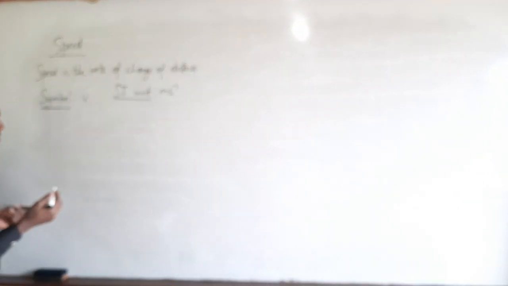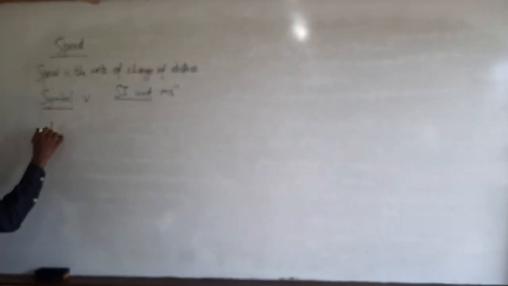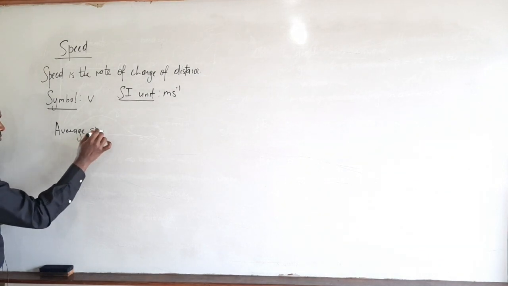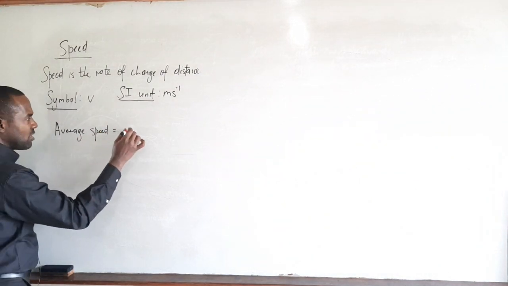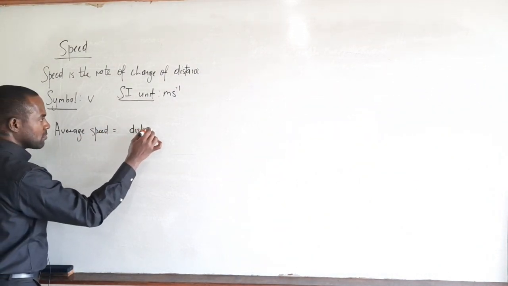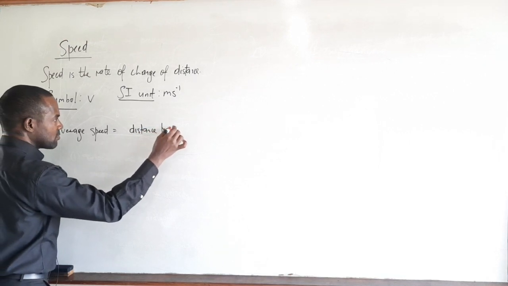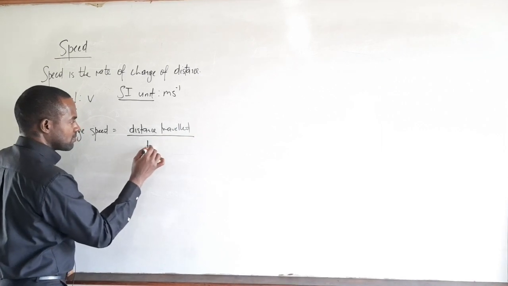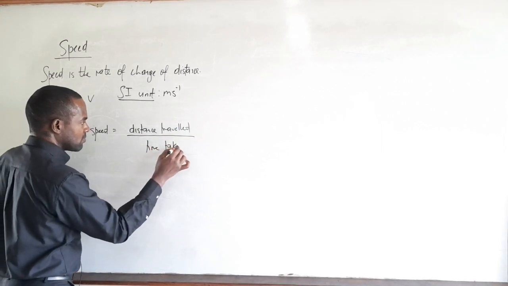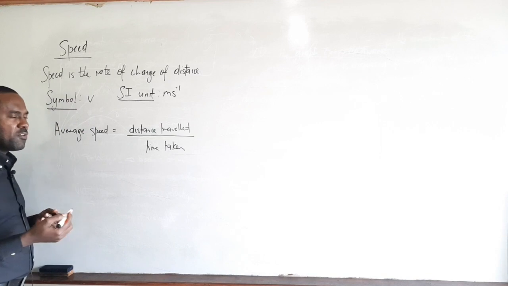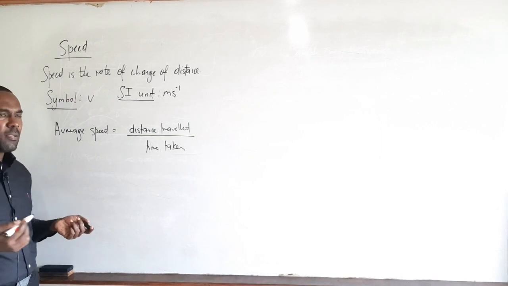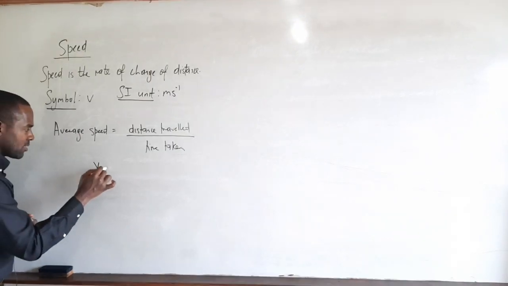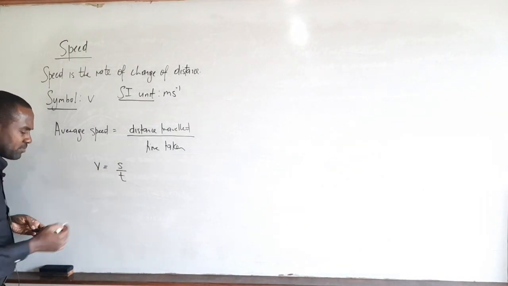Now, to calculate speed, in particular average speed, is equal to the distance traveled over time taken, right? So the average speed is found by dividing the distance traveled by a body by the time taken, and using the symbols we see that V is equal to S over T.